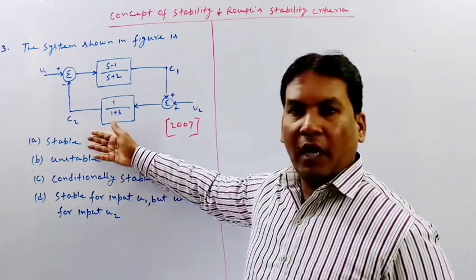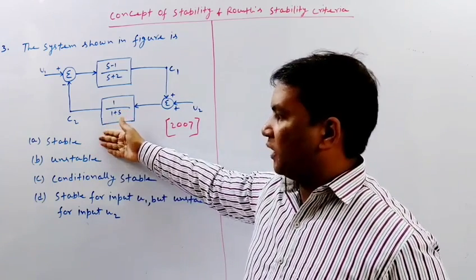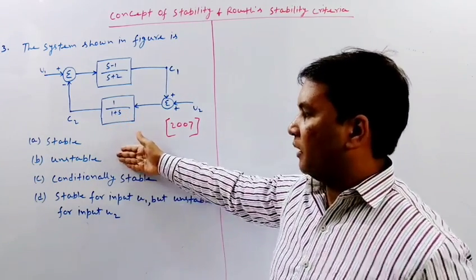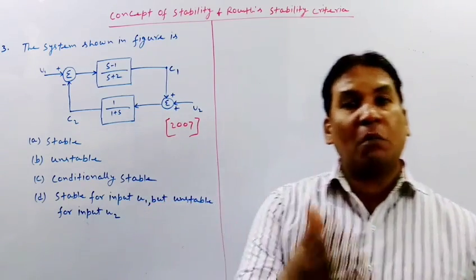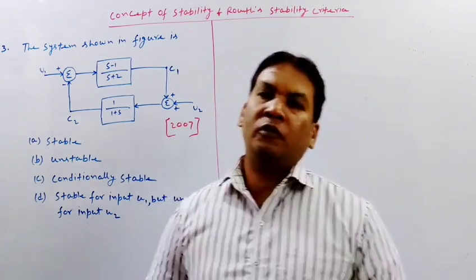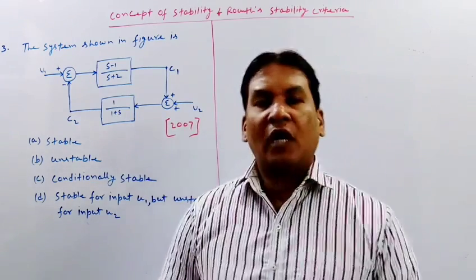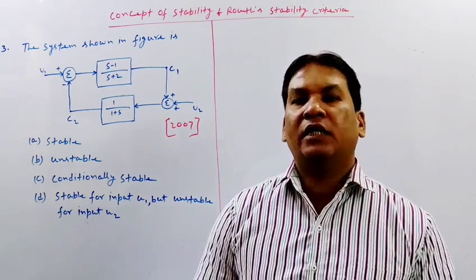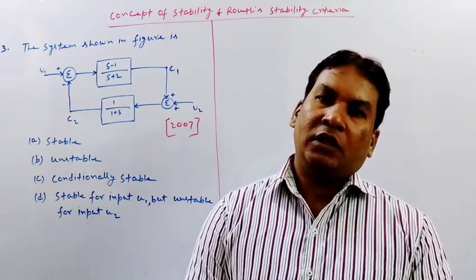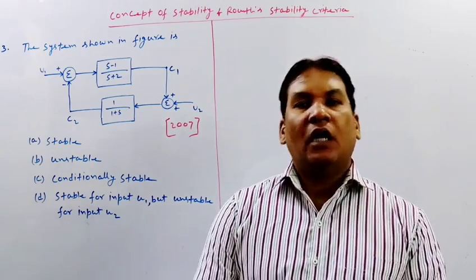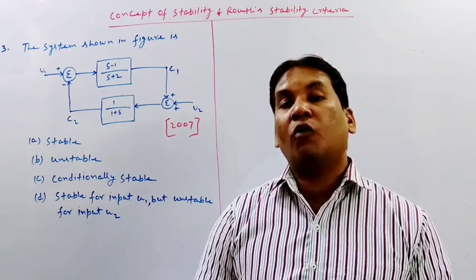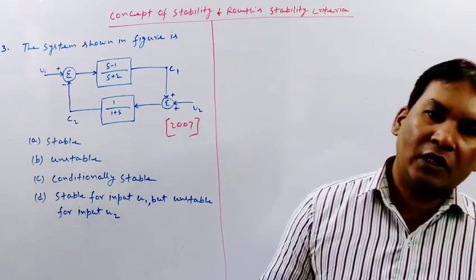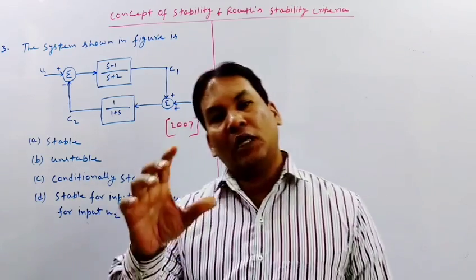Now I think you have understood what is stability and instability. And there is one more term, marginally stable. Suppose we are not giving any input and the system is moving at a constant speed, or the system is oscillating with a constant amplitude.